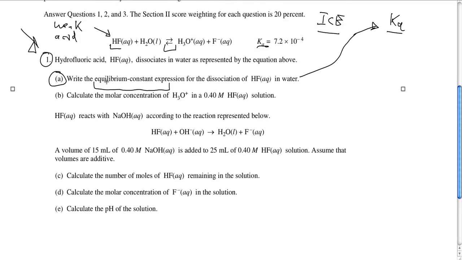In this problem, it says calculate the molar concentration of H3O plus, there's H3O plus right there, in a 0.4 molar solution of HF. There's HF right there.